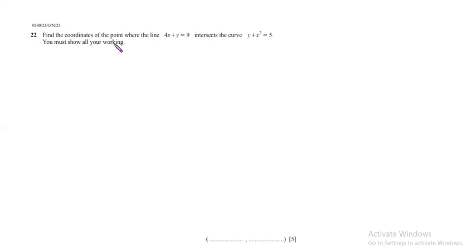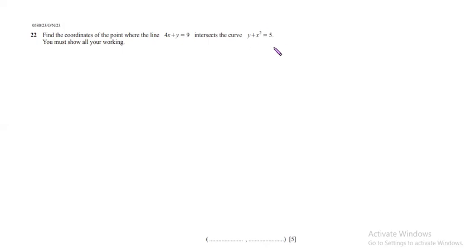Now, in this question, usually simultaneous equations are given to us directly. They will give both the equations. So we have simultaneous equations that are just using straight lines, which are linear simultaneous equations. And we also have simultaneous equations involving quadratics, like this question.